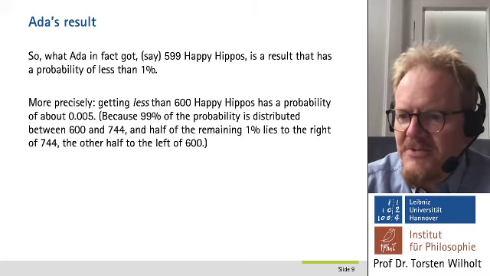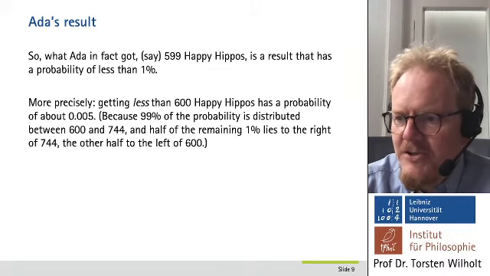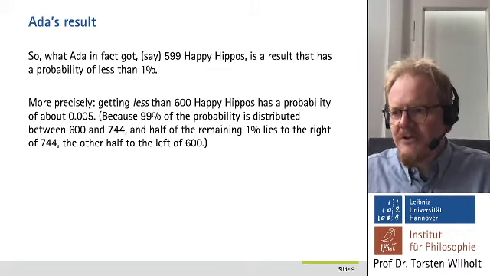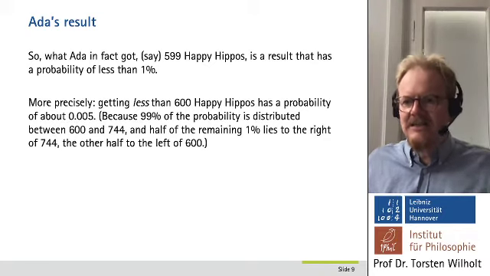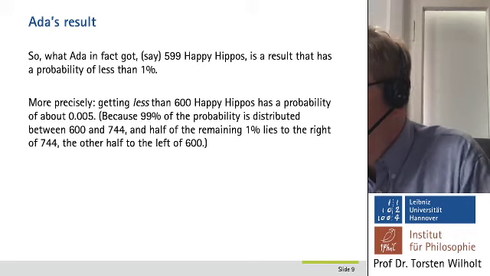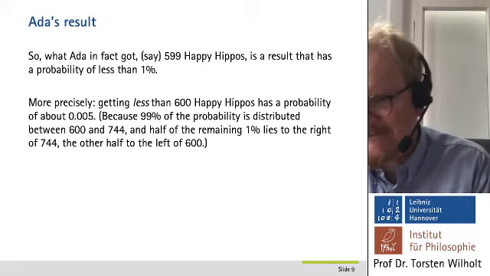Now, this is an observation that we can now use to motivate one of the most common approaches in frequentist statistics, namely null hypothesis significance testing.